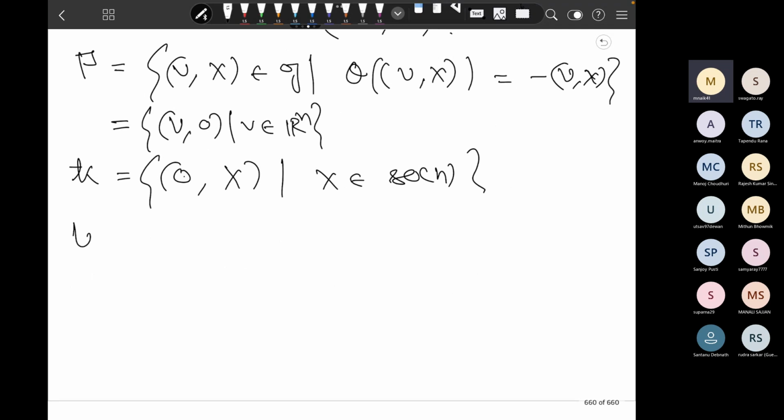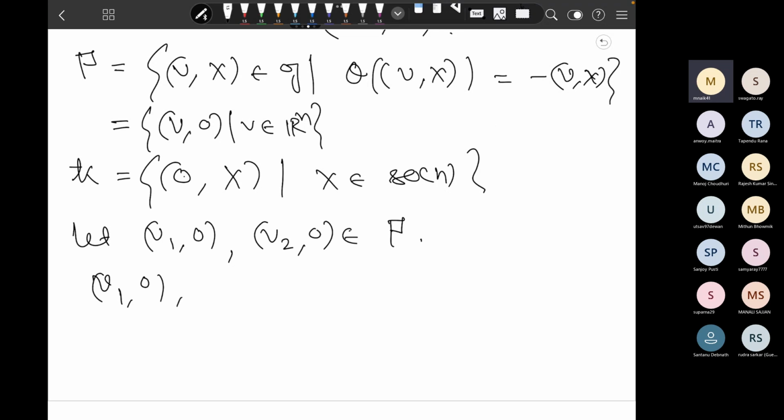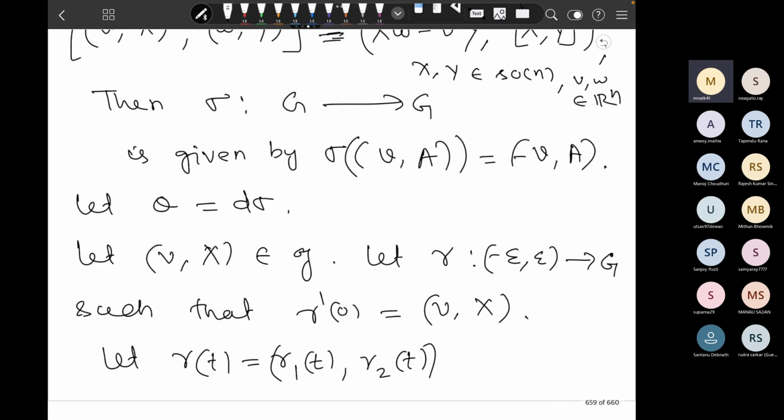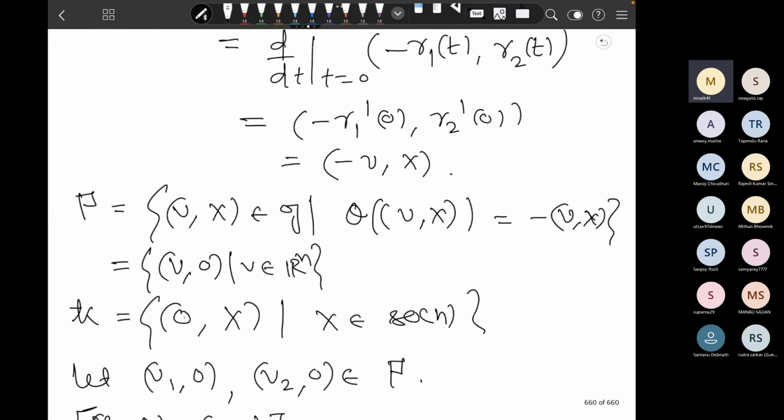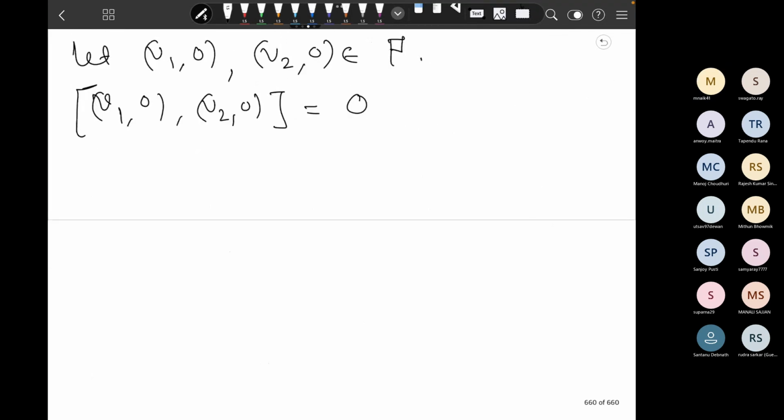Now let (V1, 0), (V2, 0) belong to P. So you look at this (V1, 0), (V2, 0). This Lie bracket, if you look at this expression which I have given, will actually be 0. Hence the Lie bracket of P, P is 0.